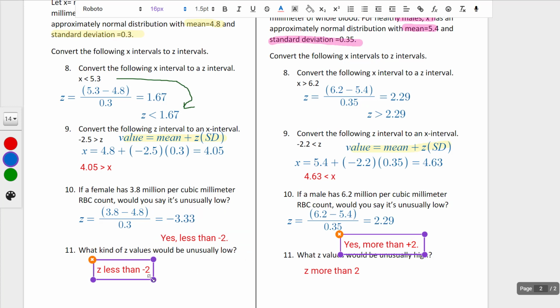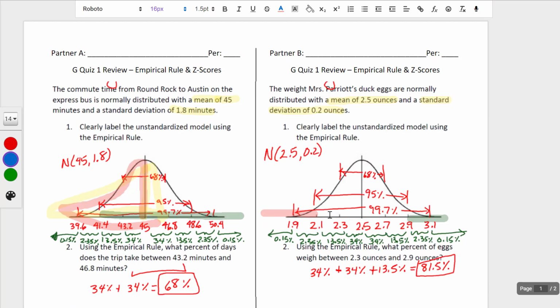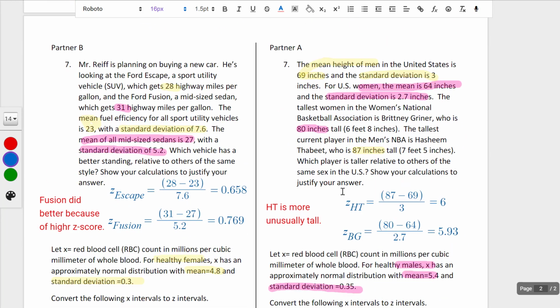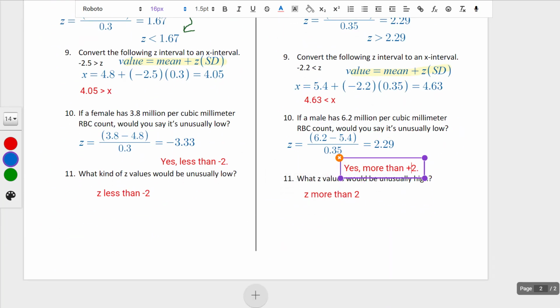So that's basically your answer. That's also your answer for 11, by the way, which is the same thing. So if you are more than 2 standard deviations away from the mean, so if you're in this area out here or in that area out there, that is considered unusual. And hopefully that should be enough to help you with your quiz.